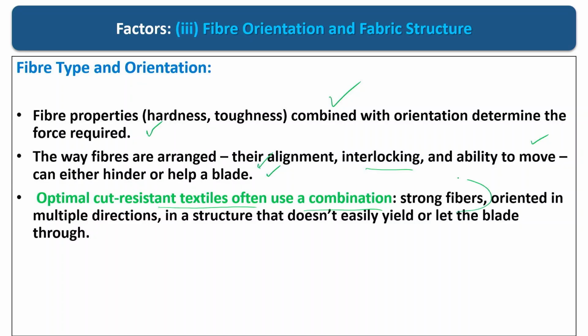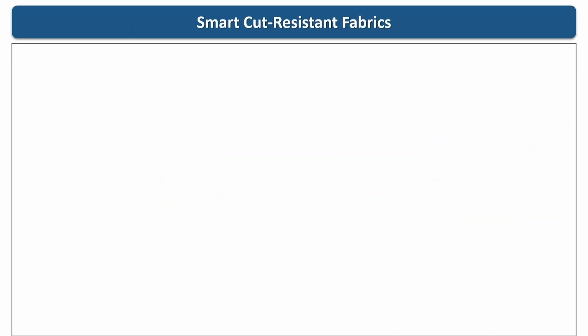So, strong fibers are used, oriented in multiple directions, in a structure that does not easily yield or let the blade cut through. So, different manipulations we can do in the fabric structure and yarn structure.